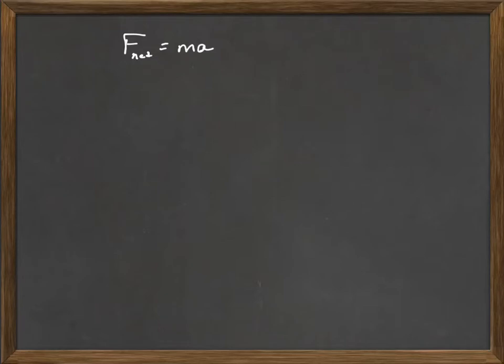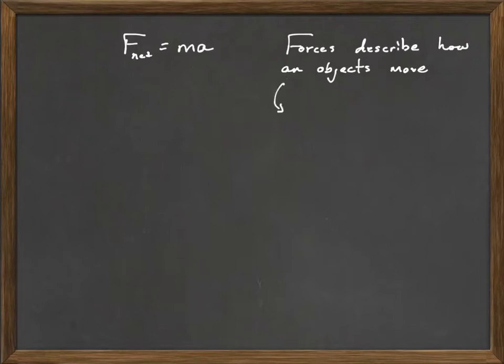And the important thing to see here is that, again, we talked about how forces describe why objects move. Forces describe how an object moves. Once we know why they're moving, so I apply a net force and this is what caused it to go into motion, we can then figure out how it moves.